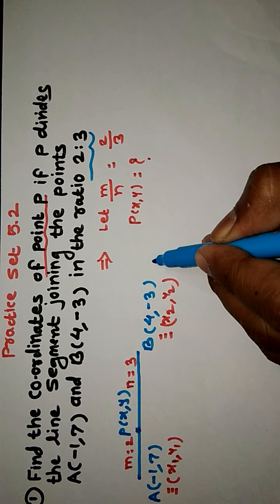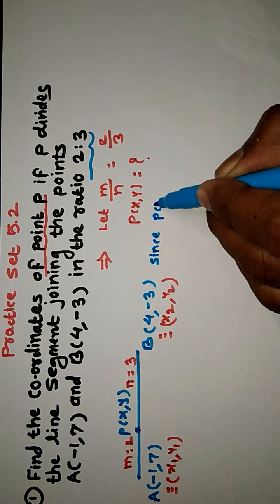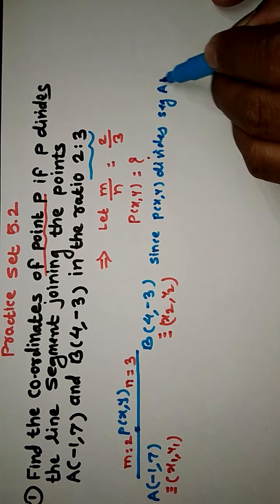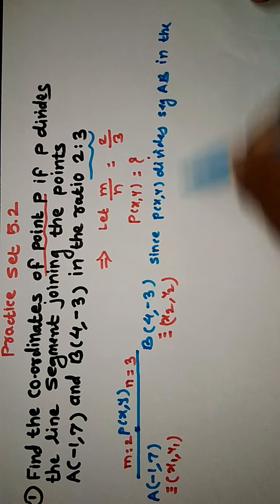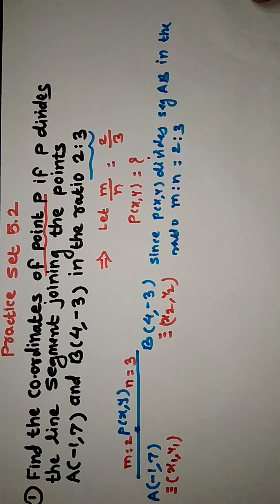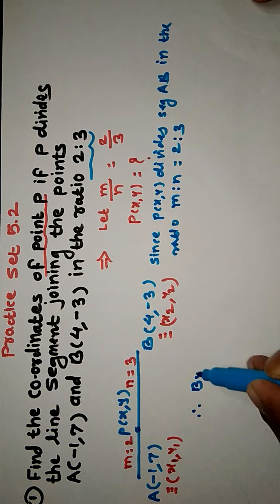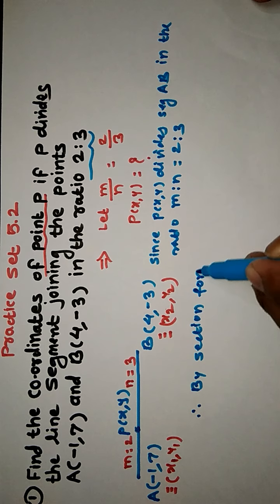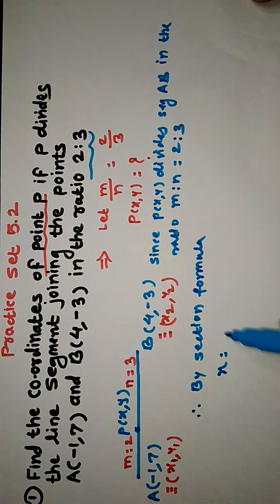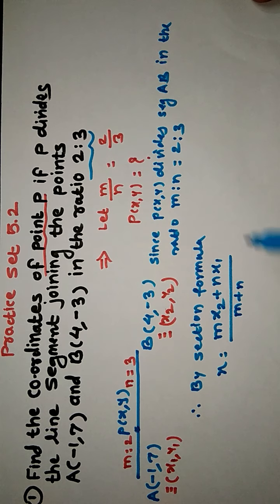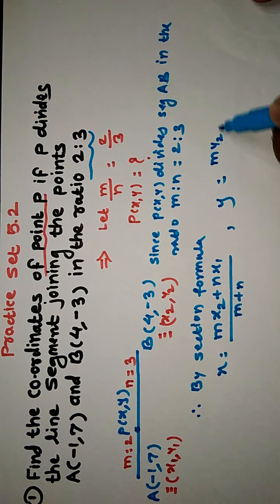So write down here: since P(x, y) divides segment AB in the ratio m is to n, means 2 is to 3, therefore, by the section formula, we use the section formula to find the coordinates of P. Section formula: x is equal to m x2 plus n x1 divided by m plus n, and y is equal to m y2 plus n y1 upon m plus n.